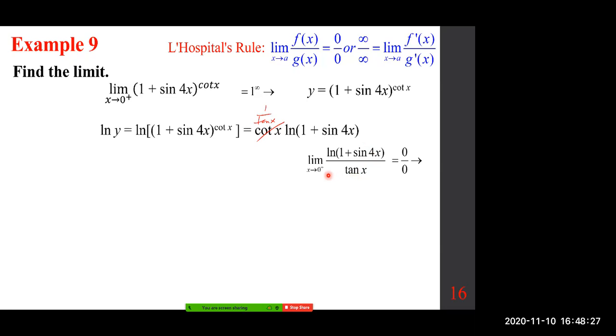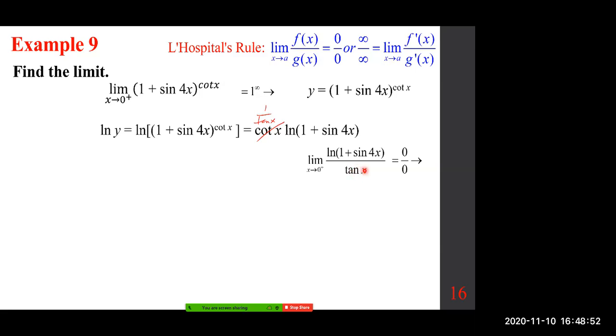So we are taking the limit of this piece, and therefore we can use L'Hopital's rule, okay, by taking the derivative of the top, which means flip it over, 1 over 1 plus sine 4x, then times the derivative of this expression is cosine 4x times 4 over tan x.